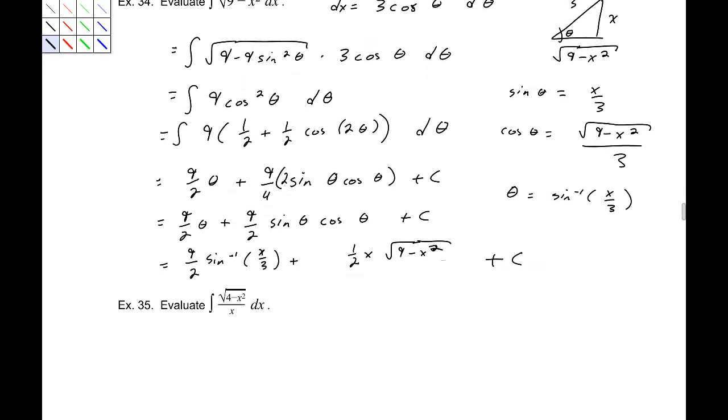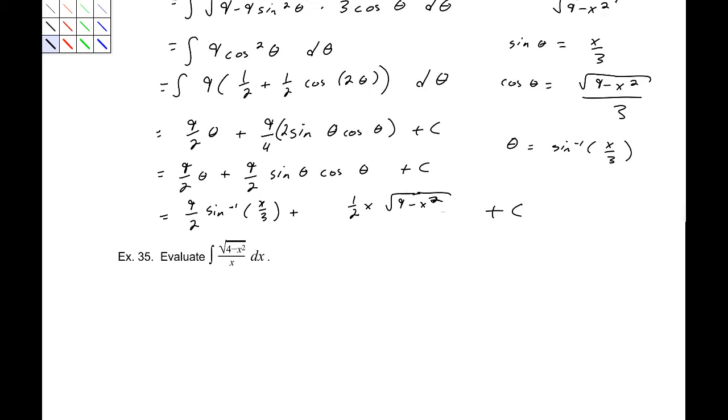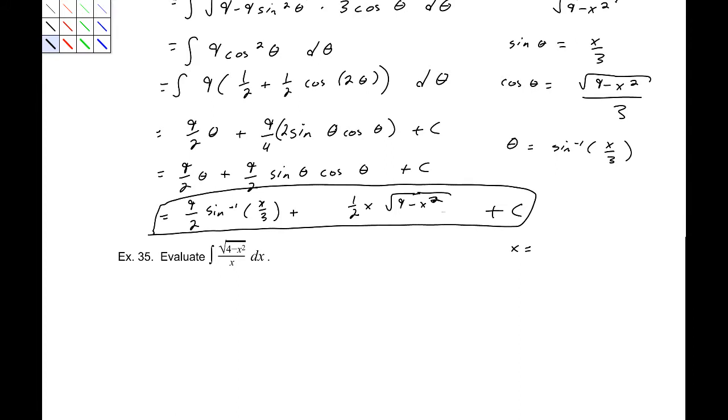So number 35, square root of 4 minus x squared over x. It's still in the same form, so I'm going to make x equal 2 sine theta, which then makes dx equal 2 cosine theta d theta. Substitute that in.